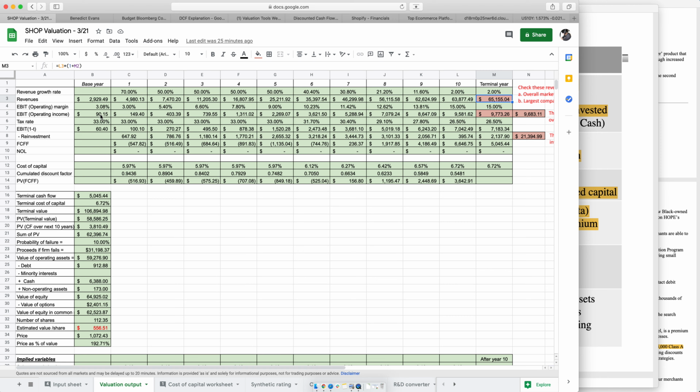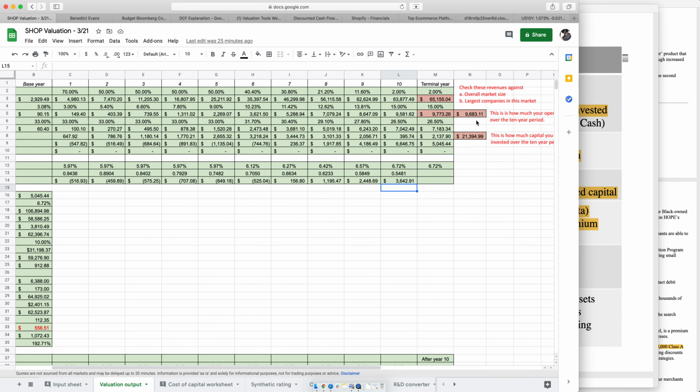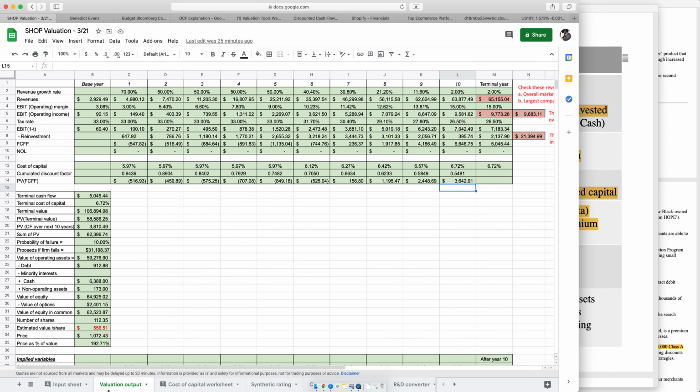Okay, next up, as you can see, it tries to play out, okay, what do margins look like? As I said, I think it's going to go from 3% next year all the way up to 50%. So it's going to calculate out what your operating margin is going to be, assuming you also make this much revenue. That means in 10 years, I'm going to be making around $10 billion in operating income.